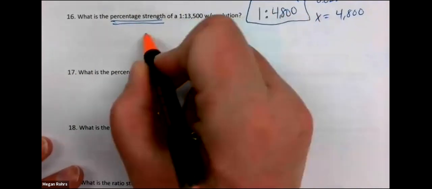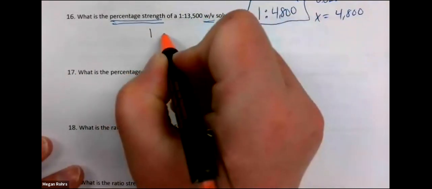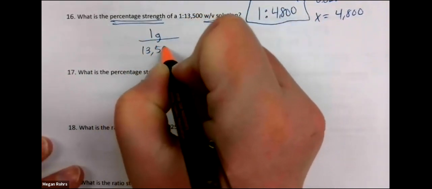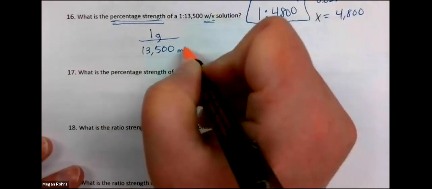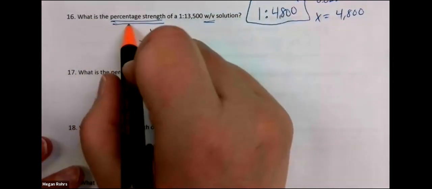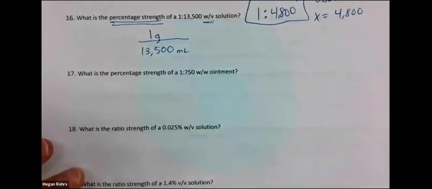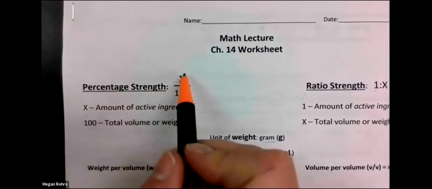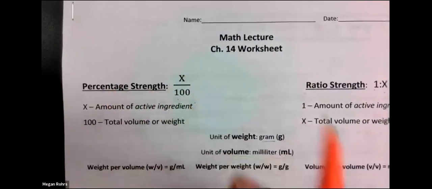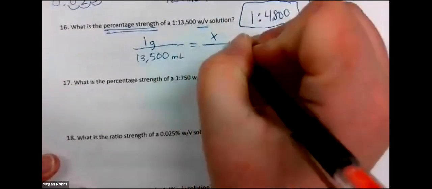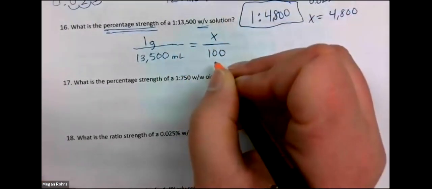We have a weight to volume, we have a 1, so that must be grams because that's weight, and 13,500 milliliters because that is in volume. Now we're looking for percentage strength. So let's look back. Remember, percentage strength is always X over 100. So all we would need to do here is set this fraction equal to X over 100.